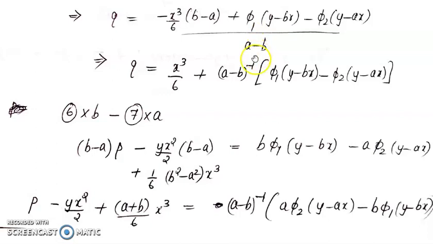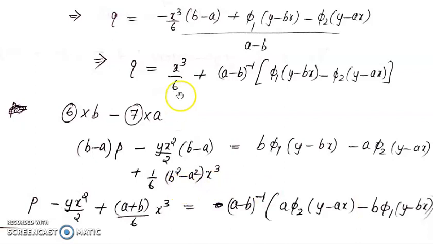a minus b whole inverse ആണ് q ന്റെ അകത്ത് കിട്ടുന്നത്. സോ 1 by b minus a എടുക്കുമ്പോൾ taking it as minus of a minus b. അപ്പോൾ മൈനസ് ഞാൻ ഇവിടെ സൈൻ ഇൻവേർട്ട് ചെയ്തിരിക്കുകയാണ്. ഓക്കെ. So a minus b whole inverse a 5 y minus ax minus b 5 y minus bx വരും.